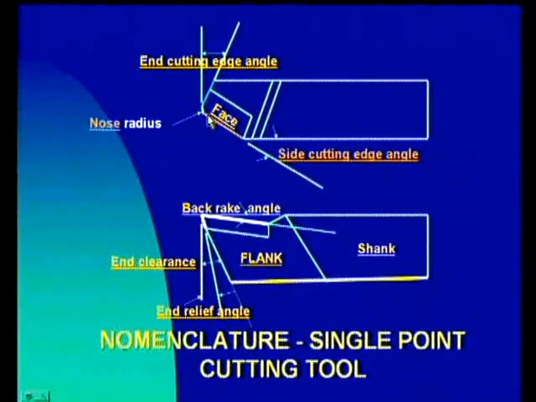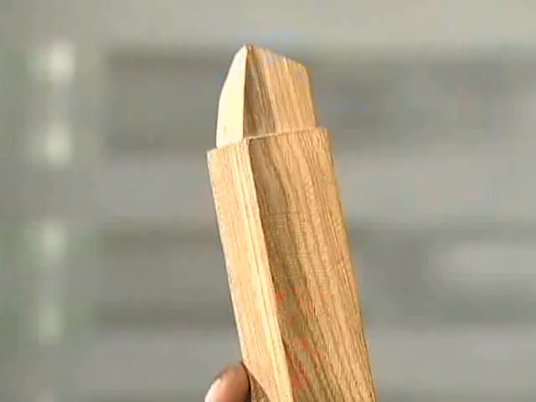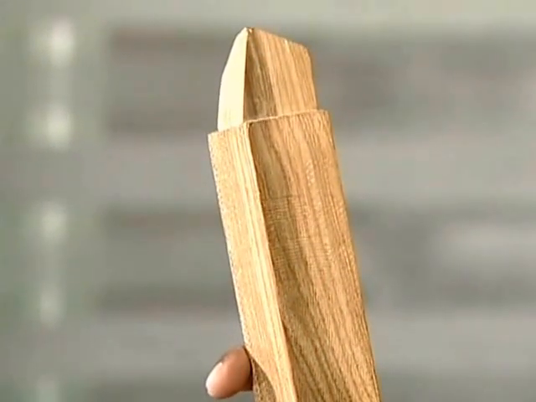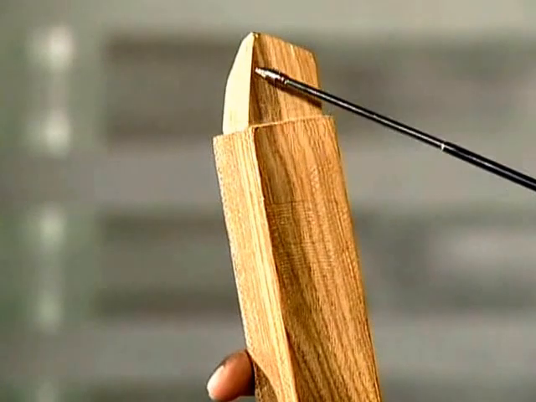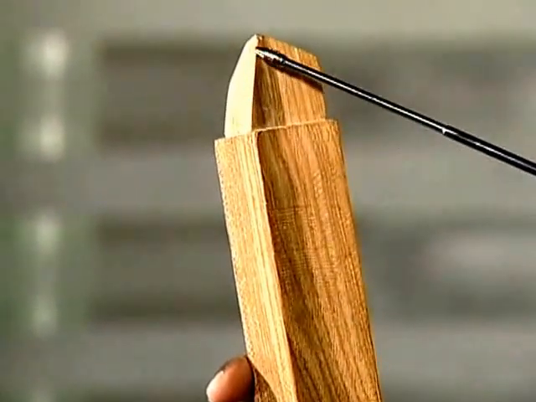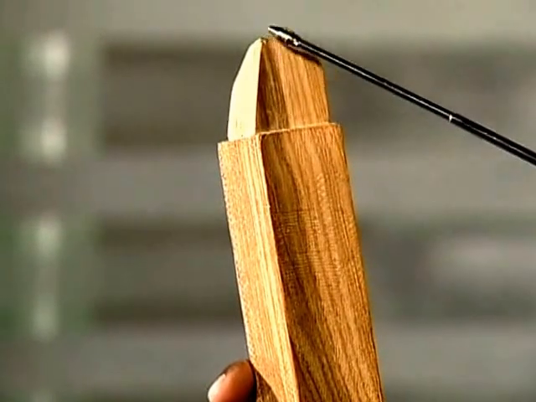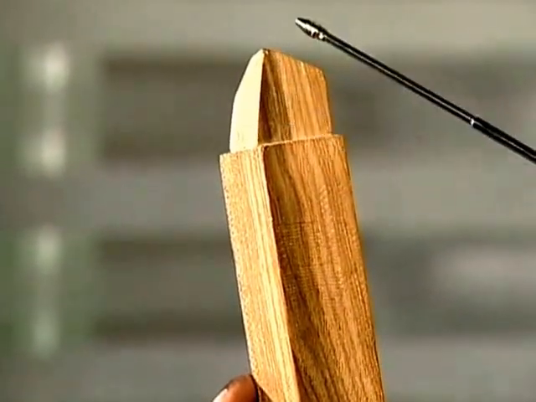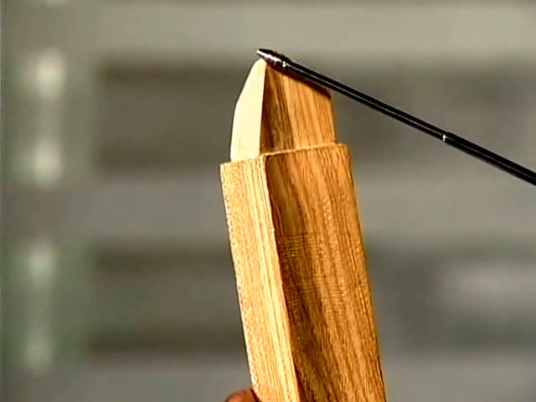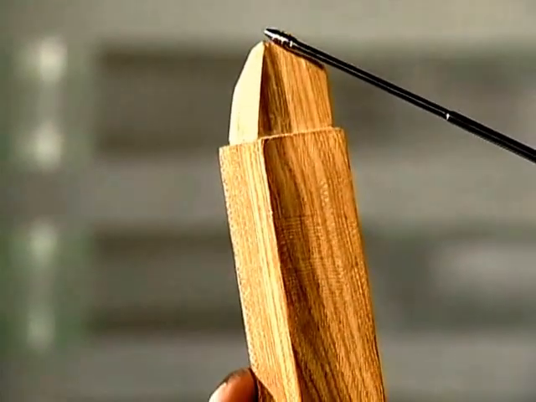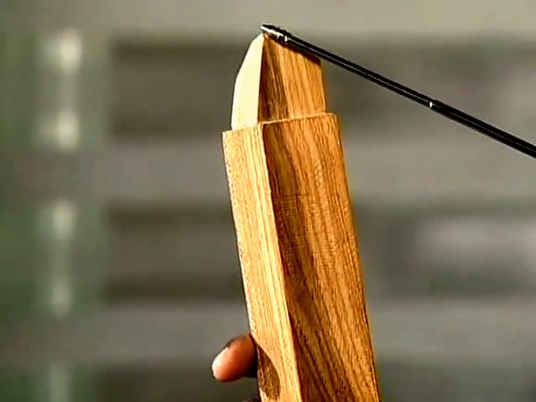In the model also we can observe the same thing. If you look at this model, it is representing a single point cutting tool. Here this is one of the cutting edges and this is the other cutting edge, the side cutting edge and the end cutting edge, and this part is the point where these two cutting edges intersect.